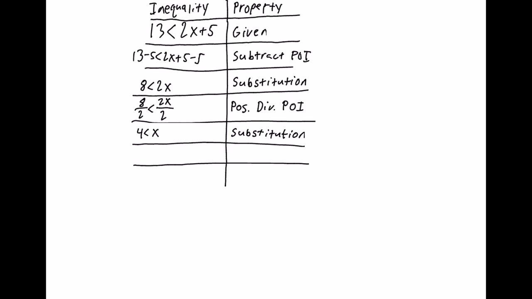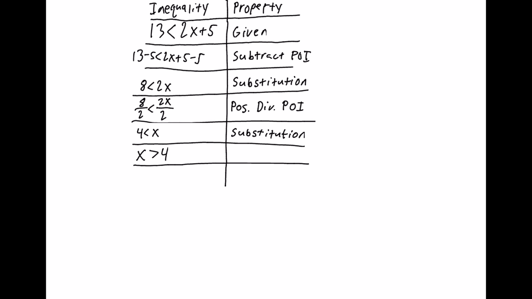Then from here, you need to take the 4 is less than x, and you need to switch it so everything switches around to the other side, including the inequality sign. So you're going to say x is greater than 4, because what you did was 4 is less than x is the same thing as saying x is greater than 4. Because if 4 is less than x, then x is greater than 4.